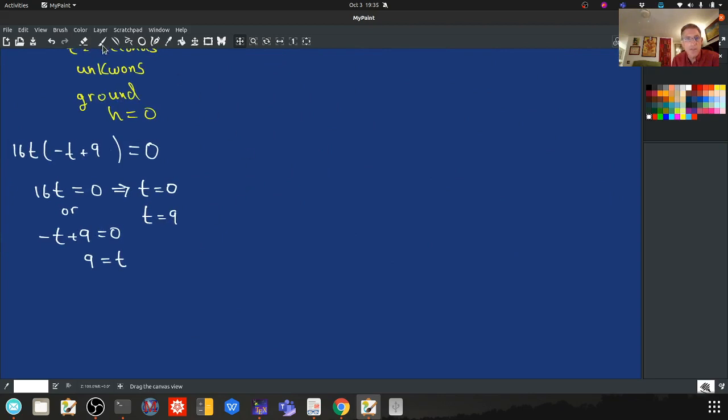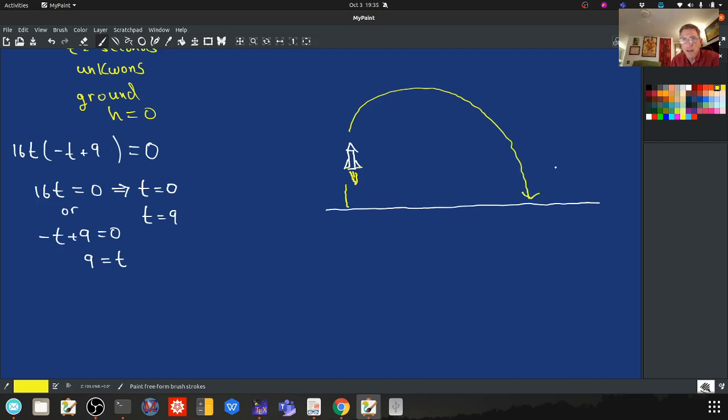So let's model this by a picture. So here we have the ground. I cannot draw, although I used to draw rockets all the time as a kid. Trust me, they were much better even as a kid. So we launch a rocket up, it goes up, and it follows a trajectory, and eventually comes down and hits the ground.